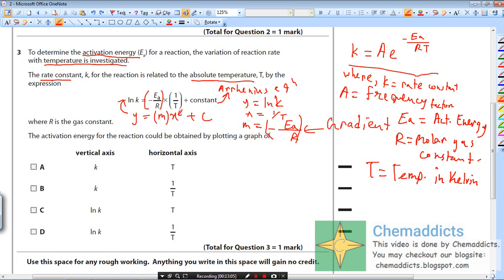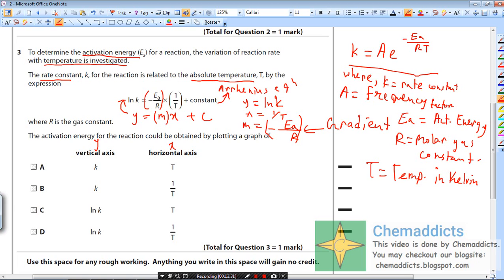We all know that the vertical axis is the y-axis and the horizontal axis is the x-axis. If we compare this equation with this straight line, y equals mx plus c. This is not square, this is an arrow, my mistake.